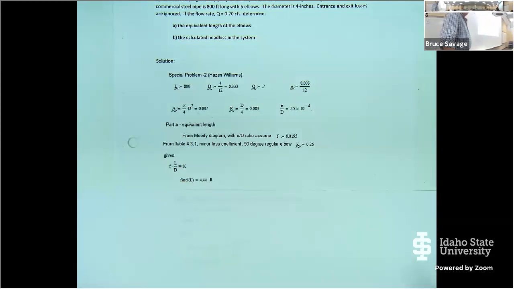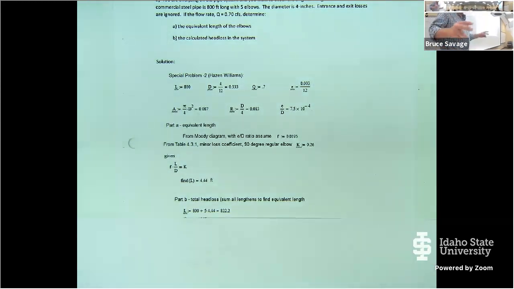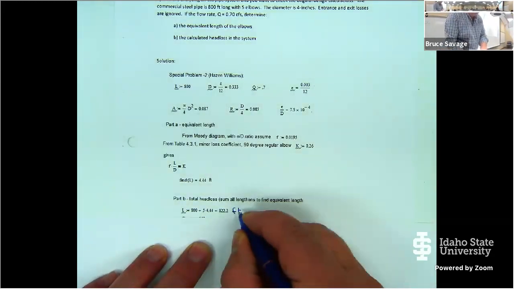Now remember, for each minor loss, I'm going to add length to my pipe. My pipe has an actual length of 800 feet, but I have 5 elbows. So I calculate the new length of my pipe that includes the minor losses: 800 plus 5 times 4.4 gives me 822 feet of pipeline.